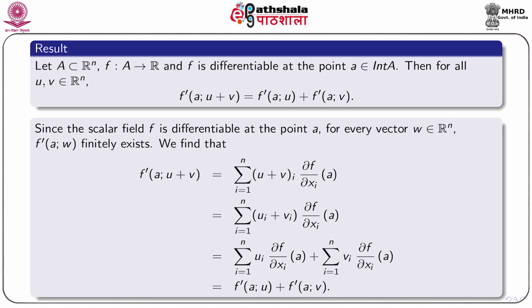In the next step, we write the ith component of u + v, that is ui + vi. So, ultimately we have summation i from 1 to n ui del f del xi at a plus another term where vi appears instead of ui. So, finally, we have f'(a; u) plus f'(a; v).